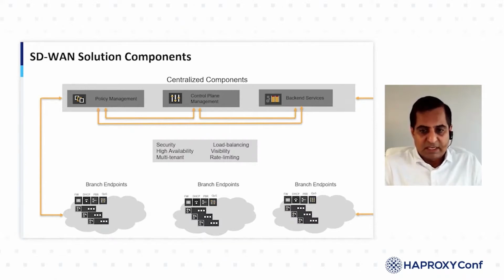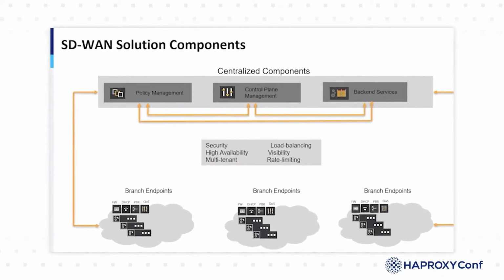That's why security and high availability become paramount. And then load balancing, sure, it's definitely required, but it needs to happen at the right scale and the performance which is required for SD-WAN deployment.